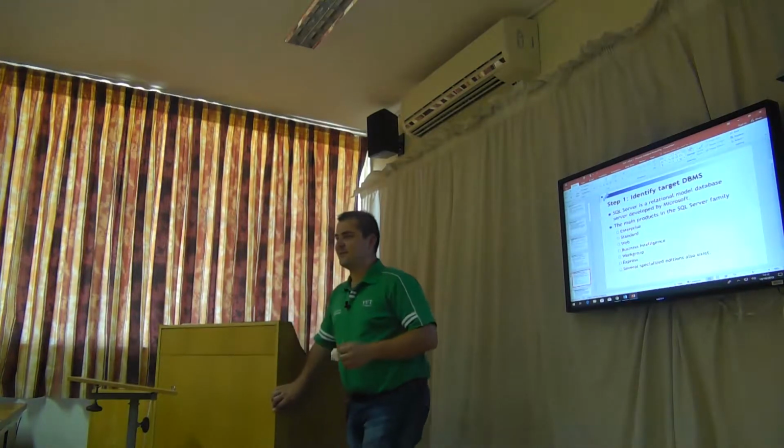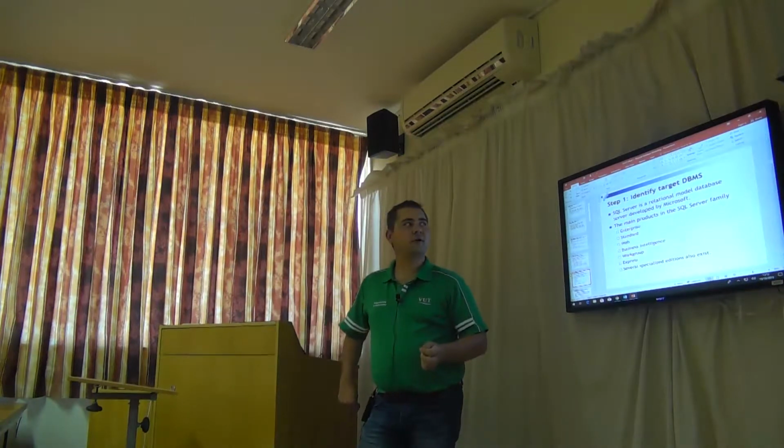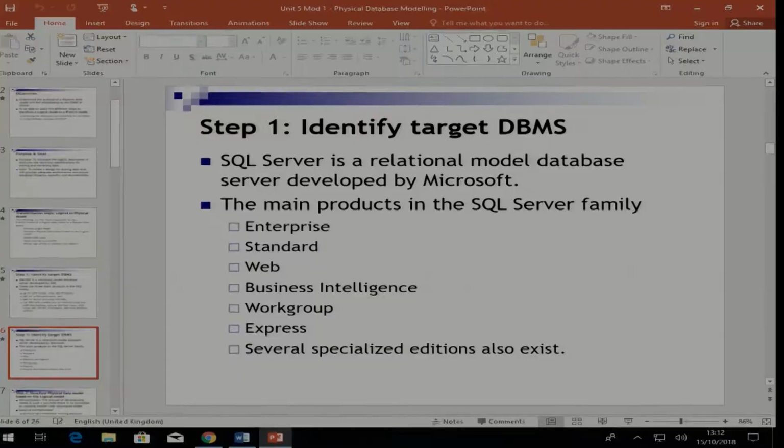IBM develops DB2. Okay, so this is a different option that we have, and there are different products which they also have: Enterprise, Standard, Web, Business Intelligence, Workgroup, Express. So that gives you quite a family of database products to work with.